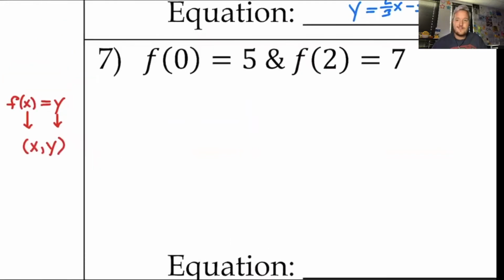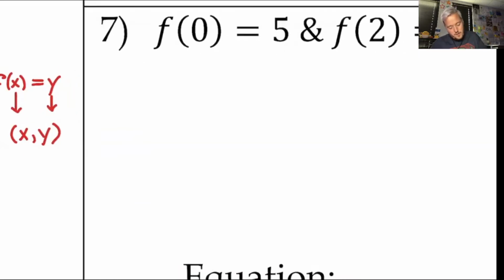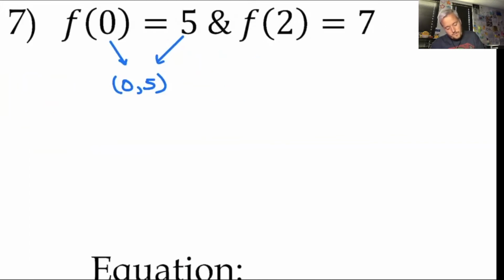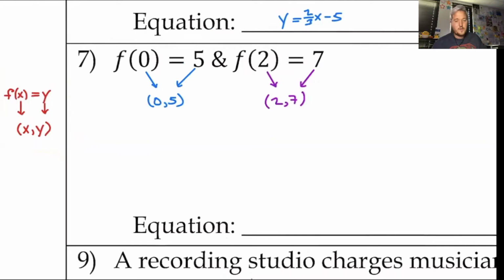So I'm going to do the exact same thing with the function notation written here. So I have f of 0 equals 5, which means 0 here is going to be my x value, and 5 here is going to be my y value. So I have 0, 5. Then over here, for f of 2 equals 7, and I have 2, 7. So those are my 2 points.